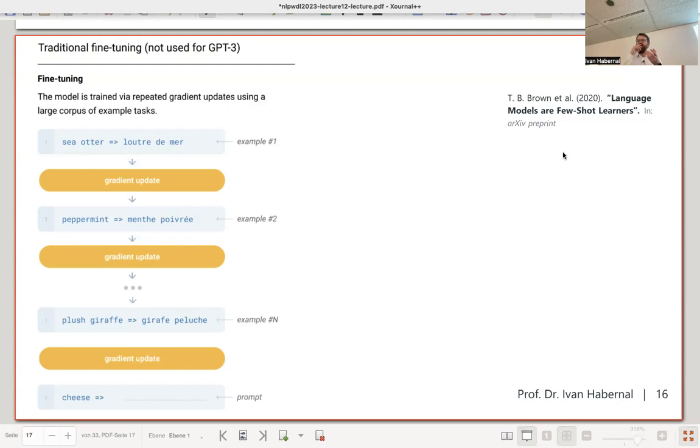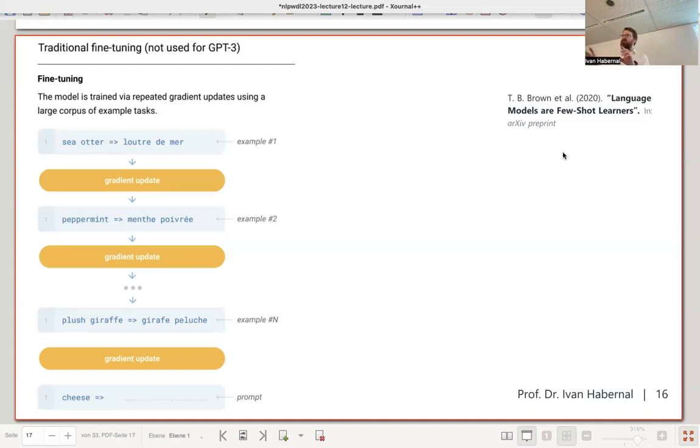Or what we saw with T5 is you have a pre-trained transformer, and then you fine-tune it on multiple tasks together where you say what the task is, like translate this from English to German, or do this and that. But still, we are training the model in terms of fine-tuning. Fine-tuning means basically just training, updating the weights of the model. So forward pass, backpropagation, gradient, update the weights, do it again, for the standard supervised training.